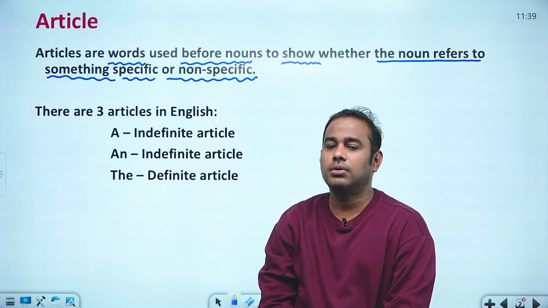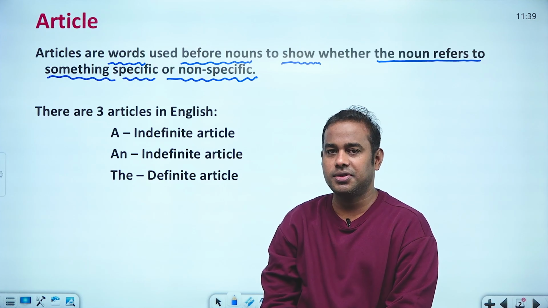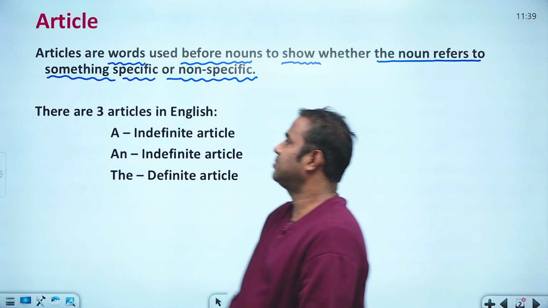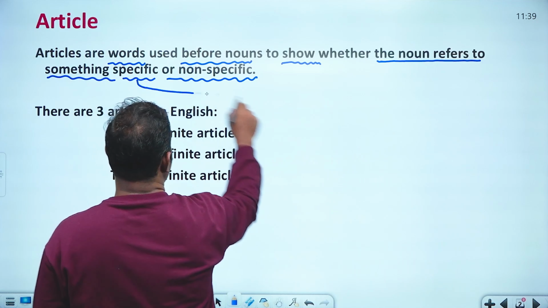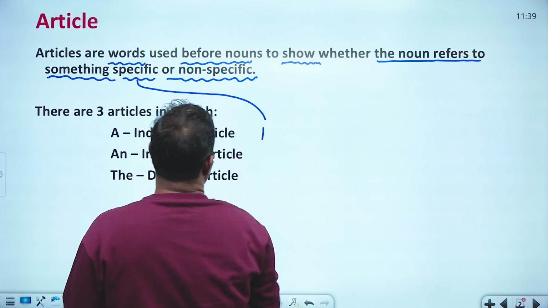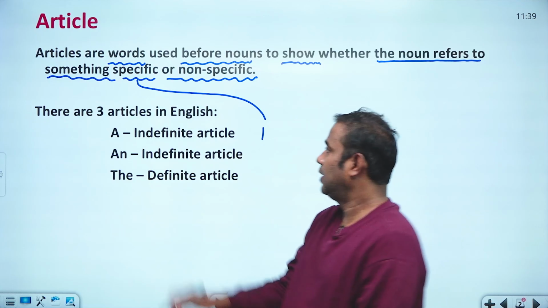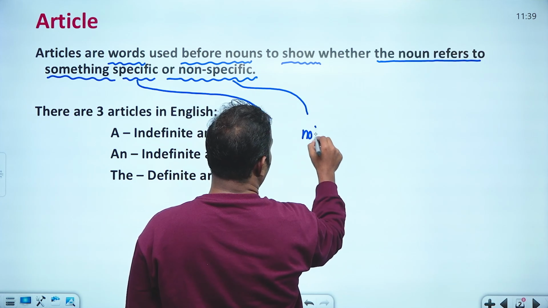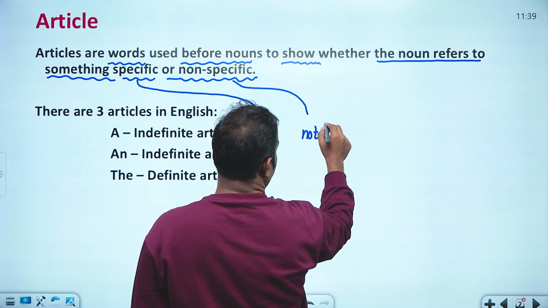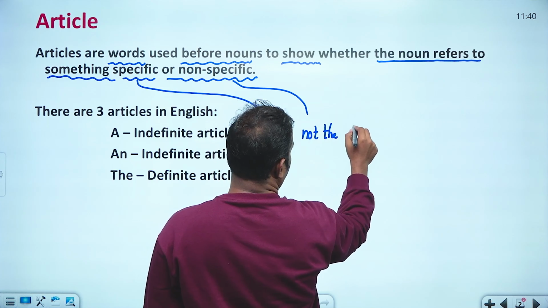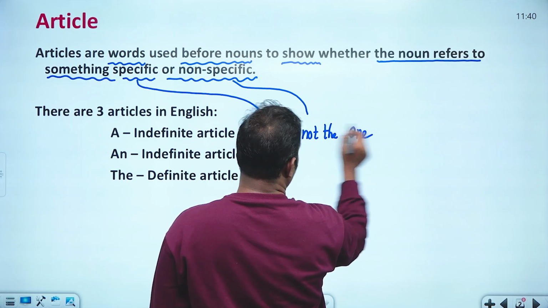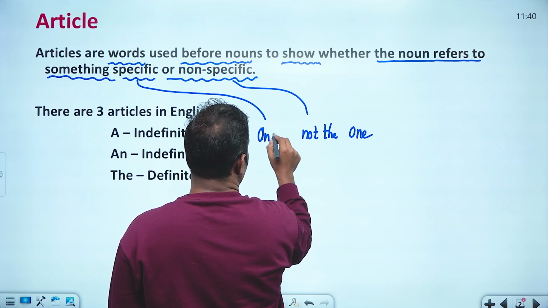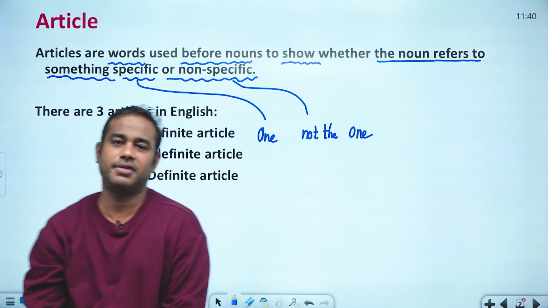So what do you mean by specific and non-specific? Specific means the one that you are going to talk about, right? Non-specific means it's not the one that you are going to talk about. Very simple understanding of the definition.